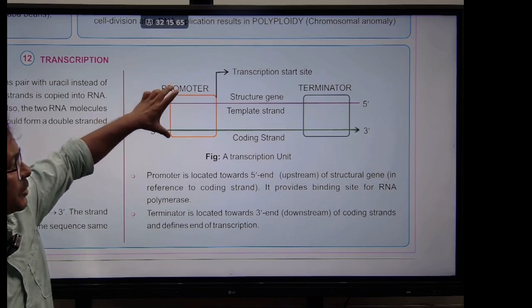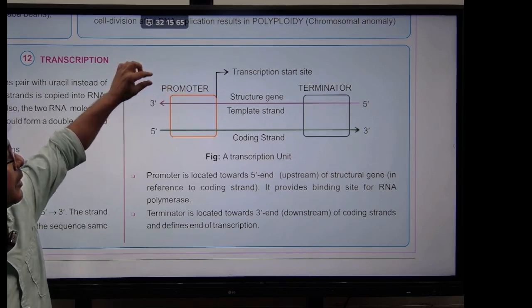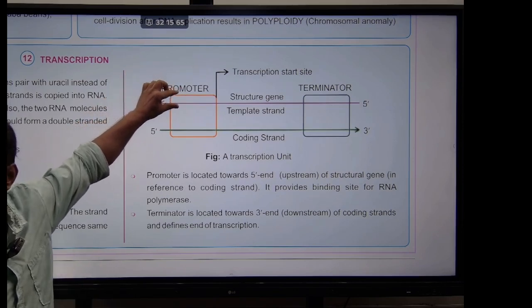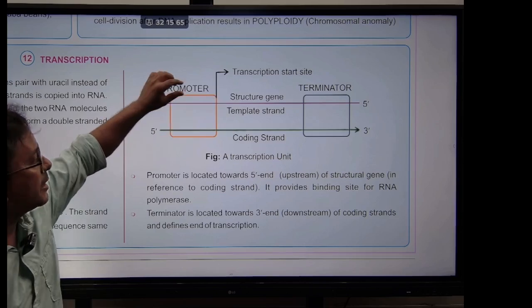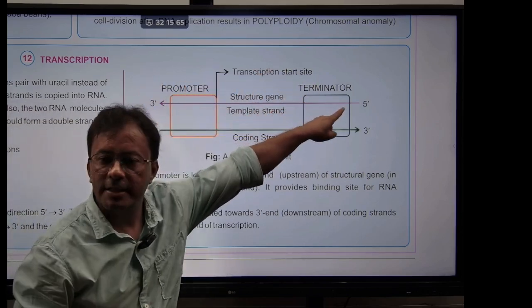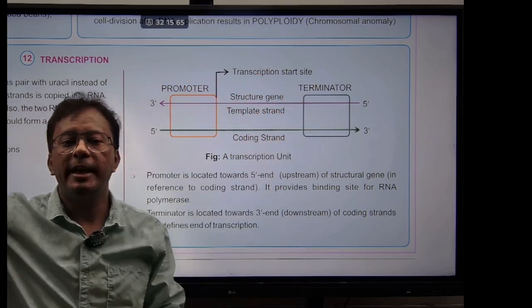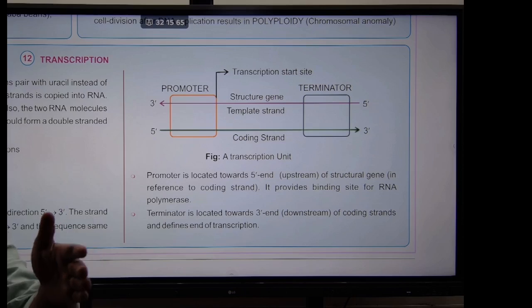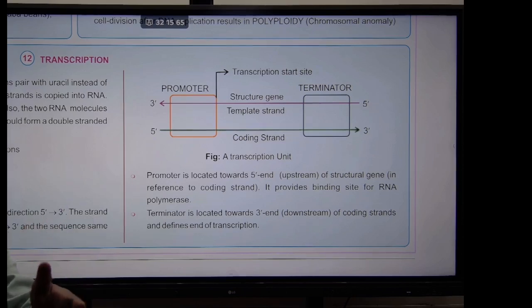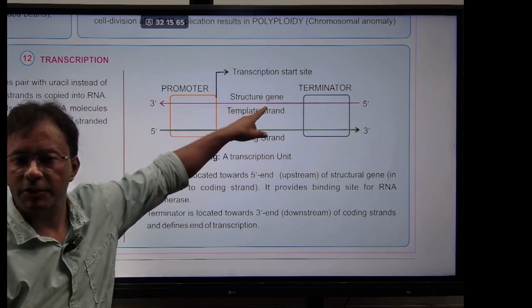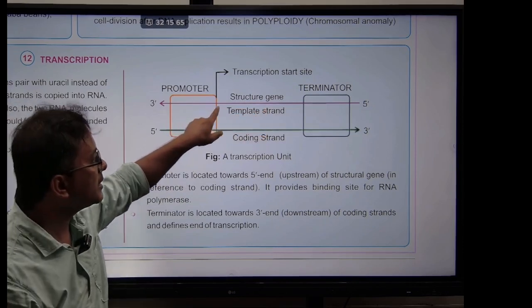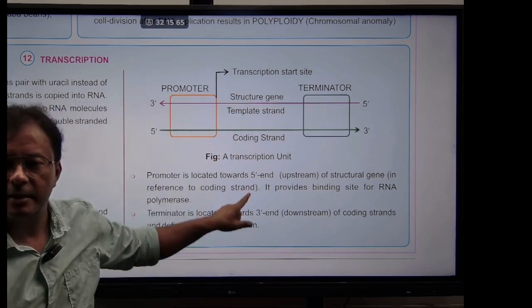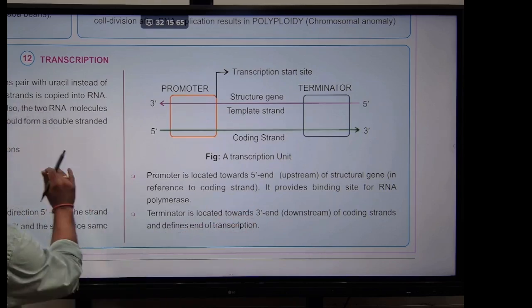So, each transcription unit has three components. One is called the promoter, where the transcription starts, and the last one is called the terminator, where the transcription ends. The sequence between the promoter and the terminator is called the structural gene. This is the sequence which is used to synthesize the RNA, right?